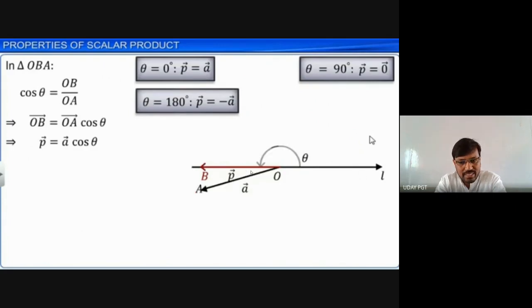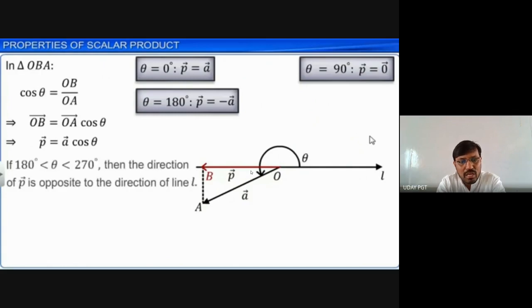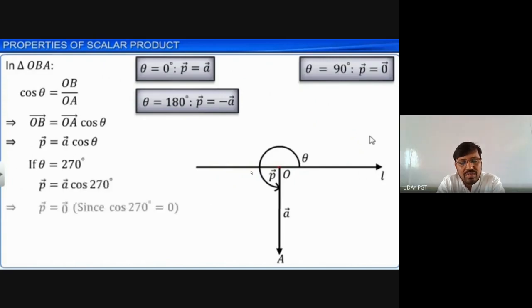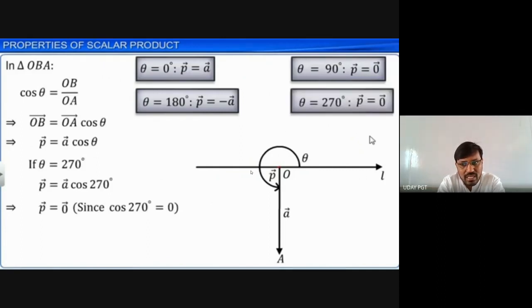If the angle between them is more than 180 degrees and less than 270 degrees, P vector is opposite to the direction of the line L. And if the angle is exactly 270 degrees, then cos 270 degrees is equal to 0, so the P vector will be the null vector.